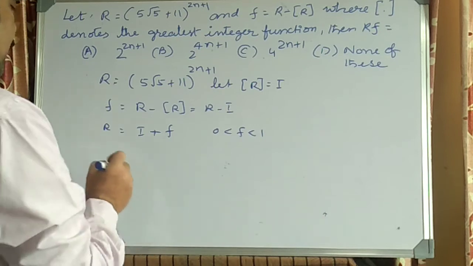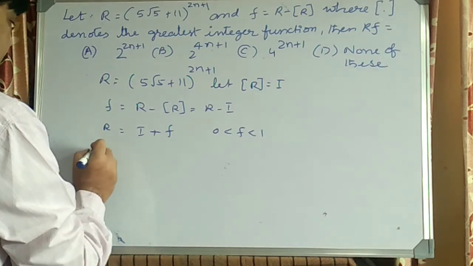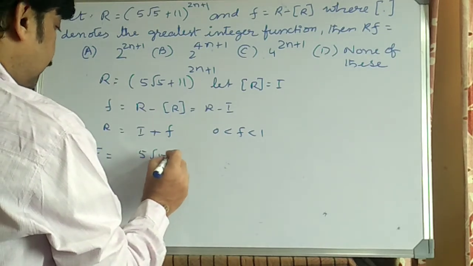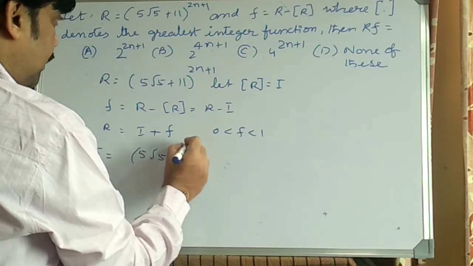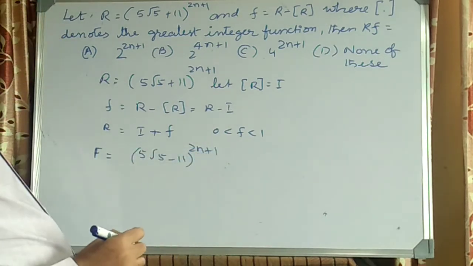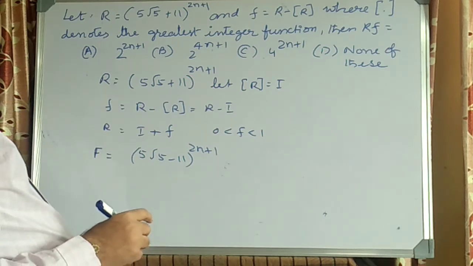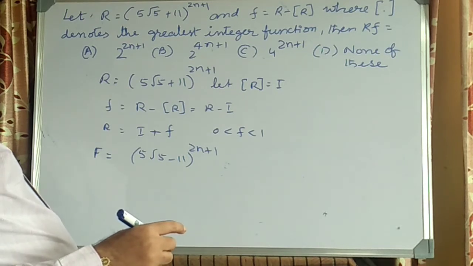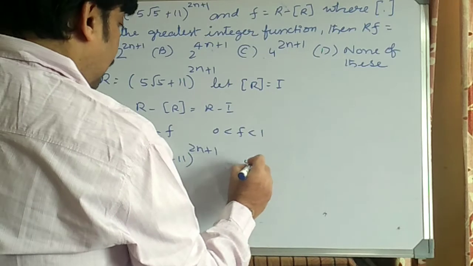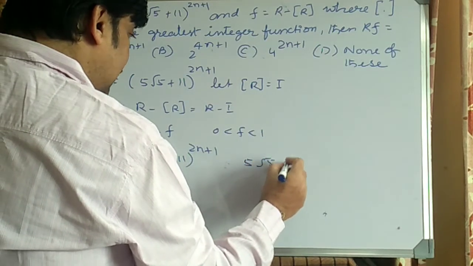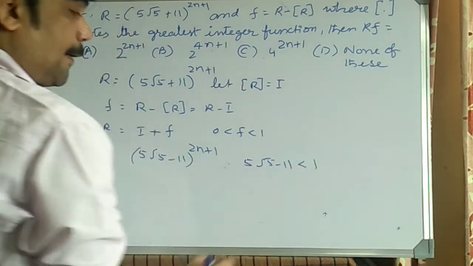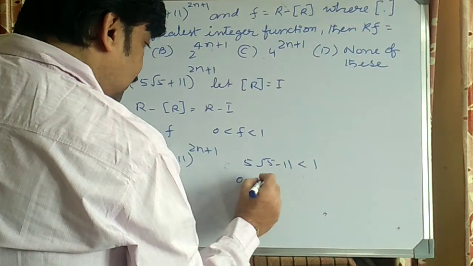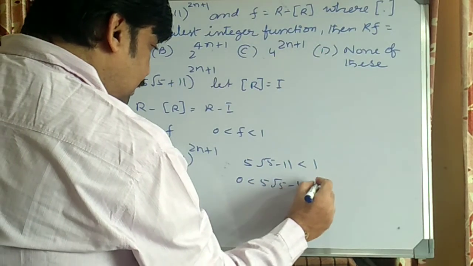It's a positive value. Now what I am going to consider is capital F equal to (5√5 − 11) to the power 2n+1. Now 5√5 − 11 is very clearly less than 1, so 0 is less than 5√5 − 11 which is less than 1.